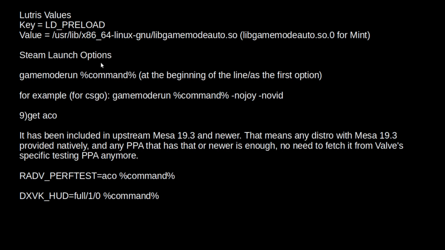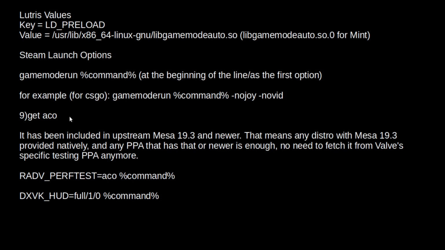In Steam, you want to write game mode run %command%, and I've specified here that it usually goes at the beginning of the line or as the first option. So for example, for CSGO you write game mode run %command% and then the game specific options. I've given an example of two of those.